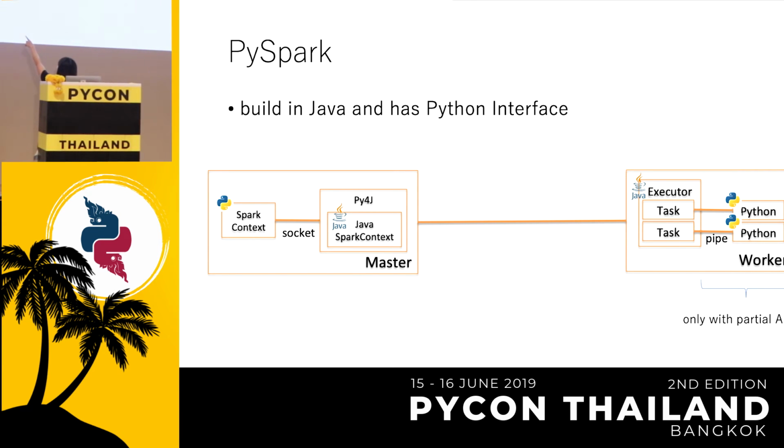When we use it, the Python program is sent to the master node and transferred to Java code, and in the worker, the task is run in Java.